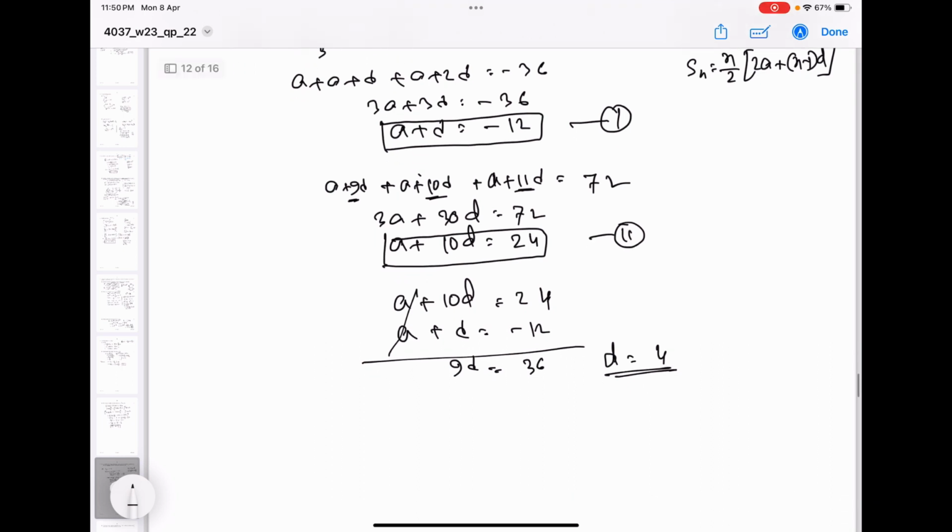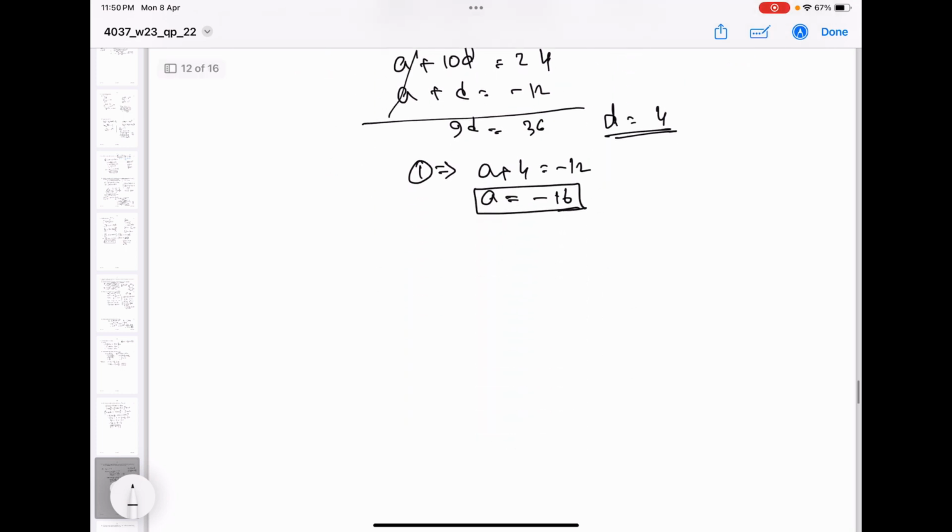Now substitute this d value in equation 1 or 2. So a plus 4 equals minus 12, a equals minus 16. So this is the value of a. Okay, fine.